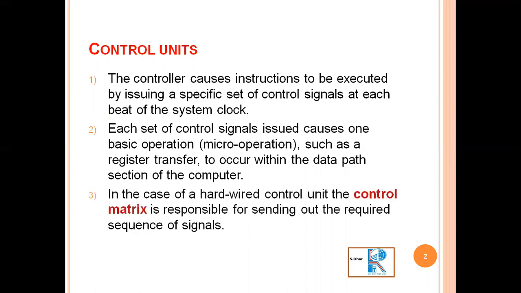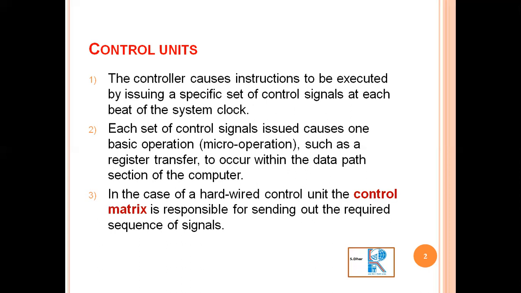Now we know that there are two types of design in the control unit. One is the hardware design control unit and another is the microprogram design control unit. In the hardware design control unit there are mainly three components: the control matrix, the decoder, and the ring counter.